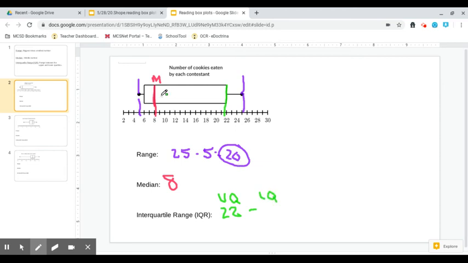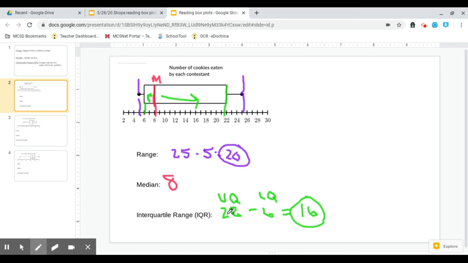So these are the numbers that were to the right of the median, and these are the numbers that are to the left of the median. And the middle of this is 6. So 22 minus 6 is 16.